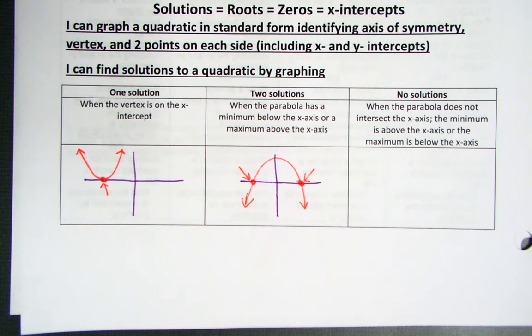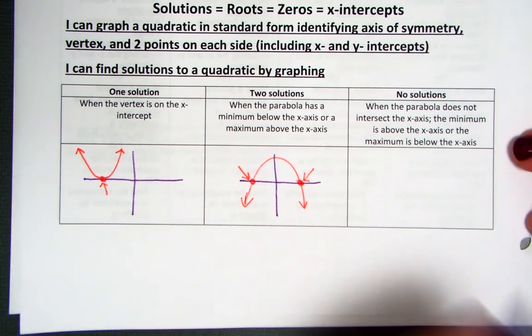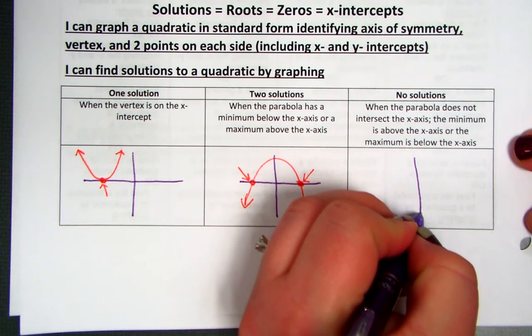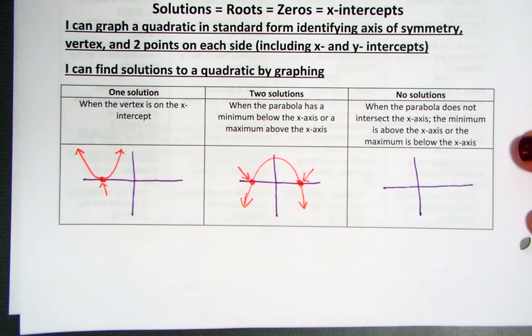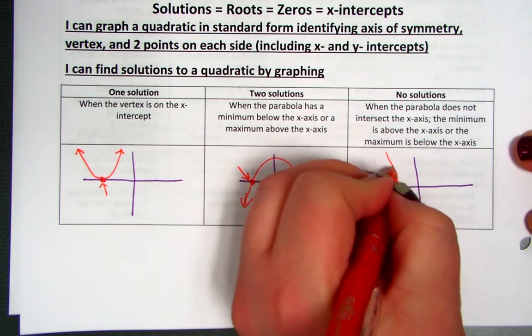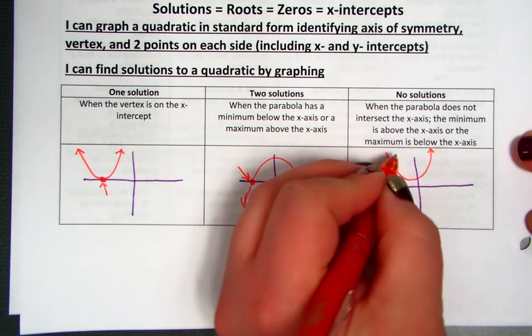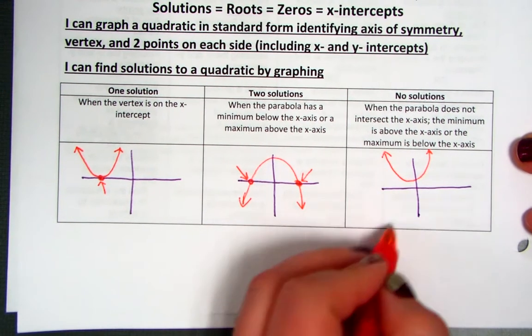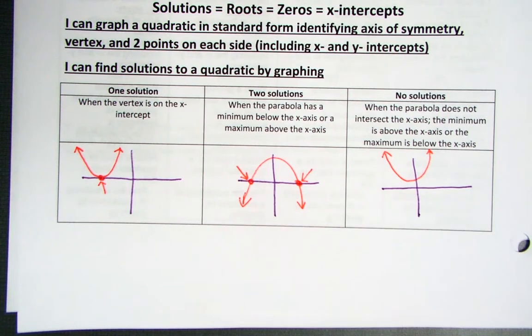Finally, a parabola could have no solutions, and that would mean that when it is graphed, you would not be able to find a place where it crosses the x-axis. It will either be hanging up in the air or hanging down below the x-axis.